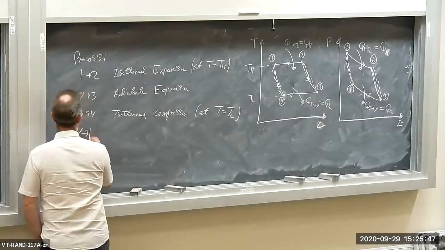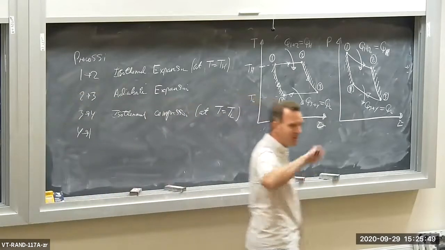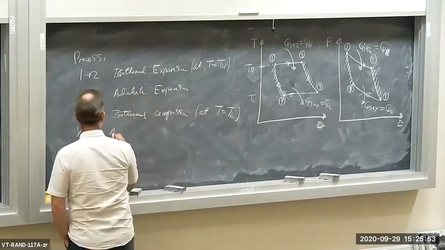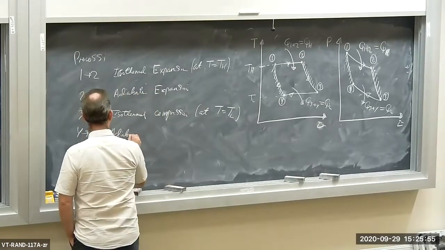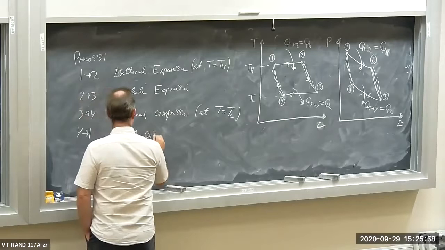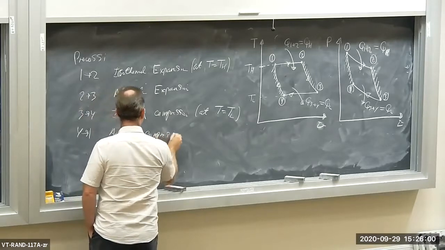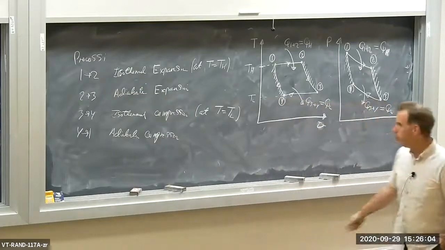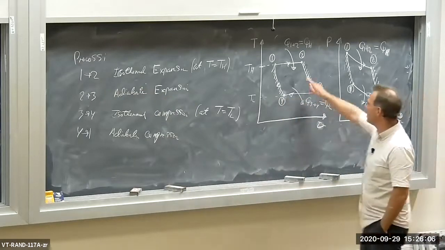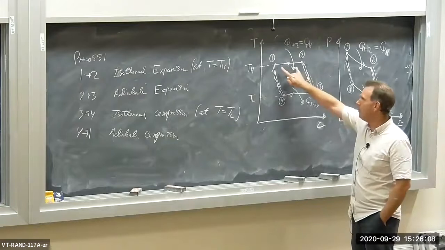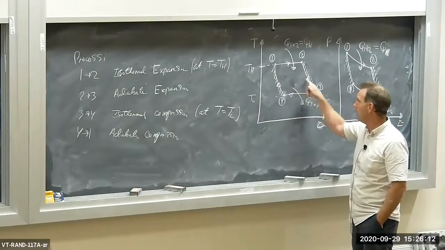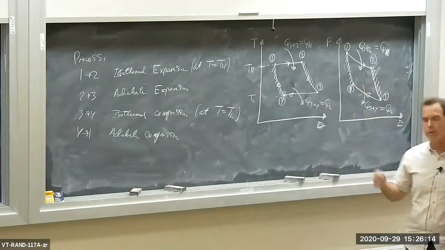And then to return to the original state, to complete the cycle, we have adiabatic compression. Adiabatic compression back to the original state. So you can see these processes most clearly on the TV diagram, where you have 2 isothermal processes and 2 adiabatic processes to form the cycle.